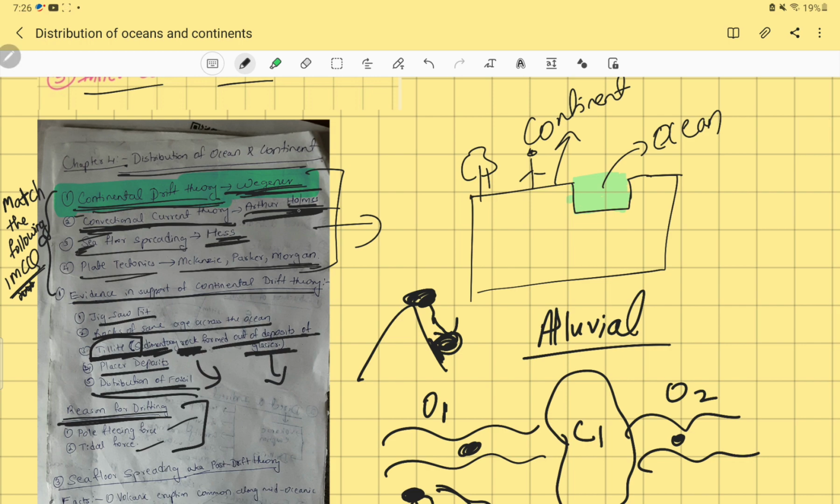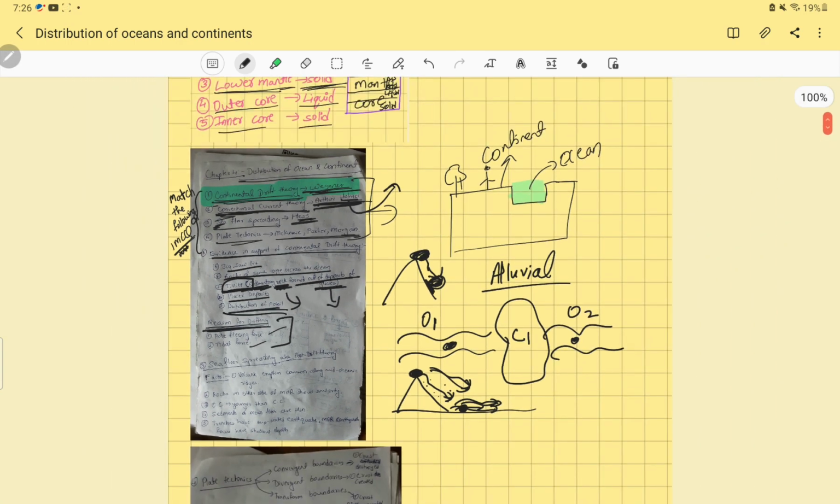He said that the reason why these continents are drifting apart is due to convectional currents operating in the mantle portion, and these currents are generated due to radioactive elements causing thermal difference in the mantle portion. Let me draw it here. Consider this as a plate of the earth.